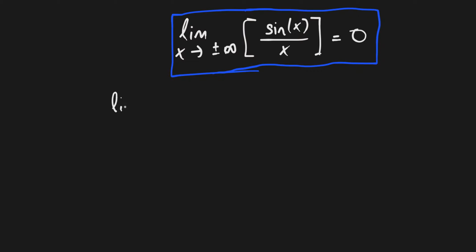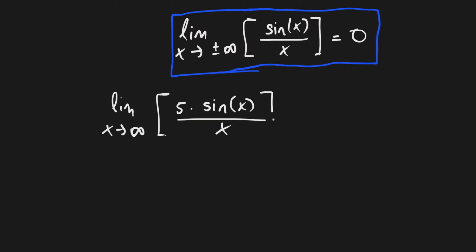So let's say that we had the limit as x approaches infinity of 5 times sine x over x. In the last video, we talked about the limit as x approaches 0, and we talked about the same form and how that's equal to 1. Whenever we had a scenario like this, we took this 5 and moved it out, right?